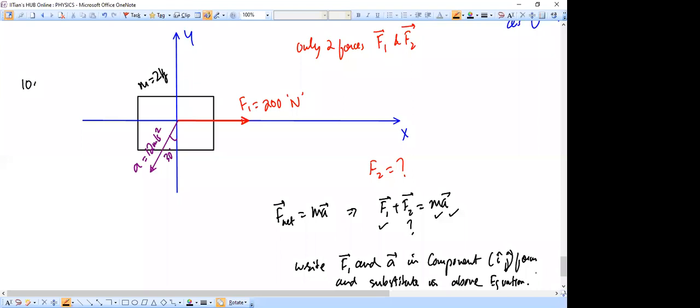And from that you will easily find out F2. So just work this out. Be very careful now and write the acceleration vector A properly in I cap J cap notation. Take into account that it's in the third quadrant and all that, and make sure you get the components correct. Once you get the components correct, it's just solving a vector equation in component algebra, nothing else. Just try this out.